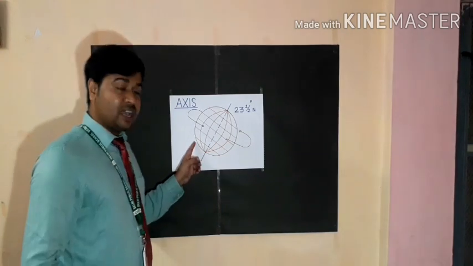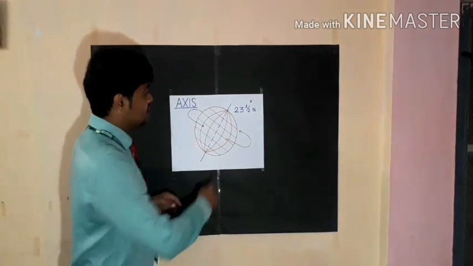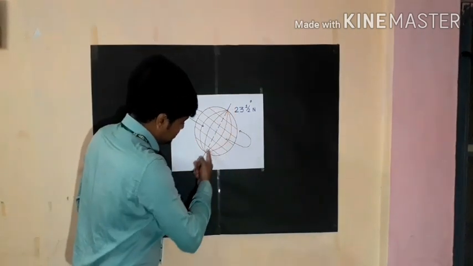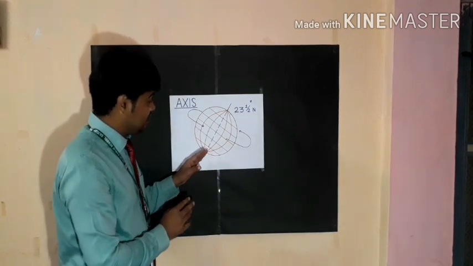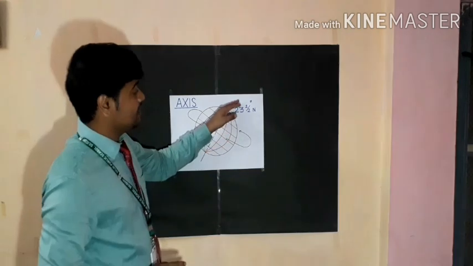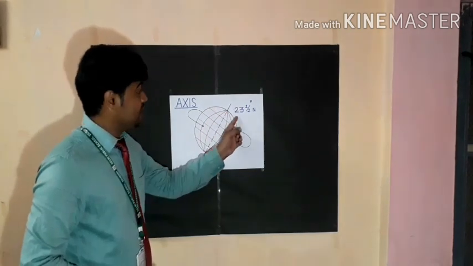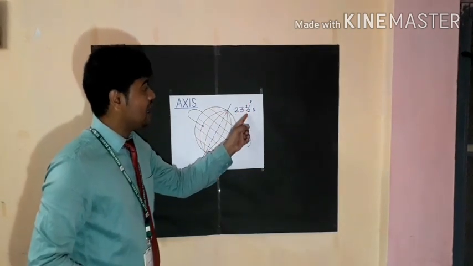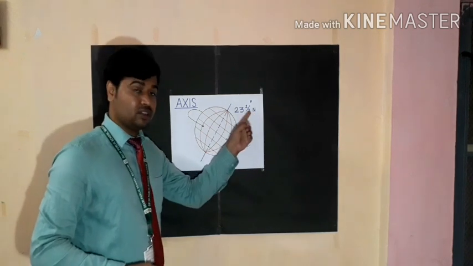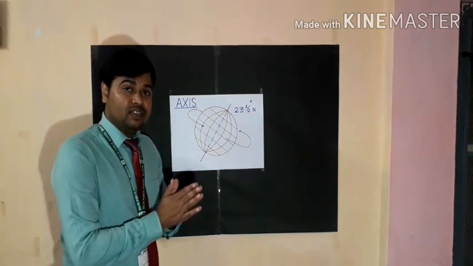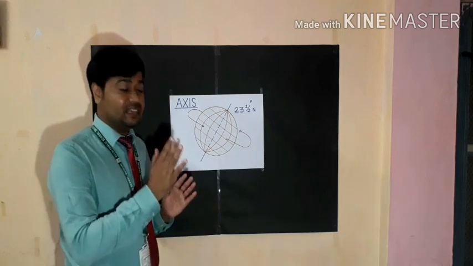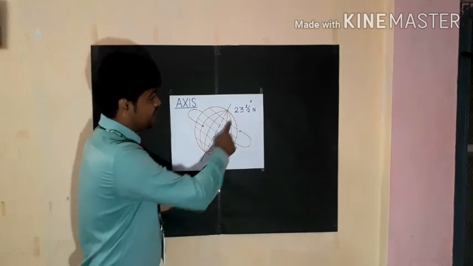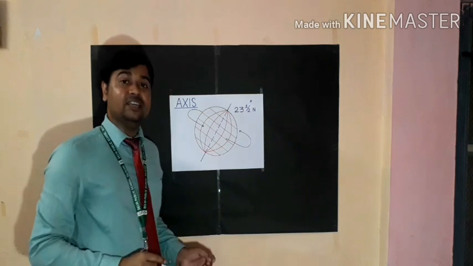Now, in this diagram, you can see the axis is not vertical. The axis is tilted. How much? 23.5 degree. So, actually the axis of our Earth is tilted 23.5 degree.